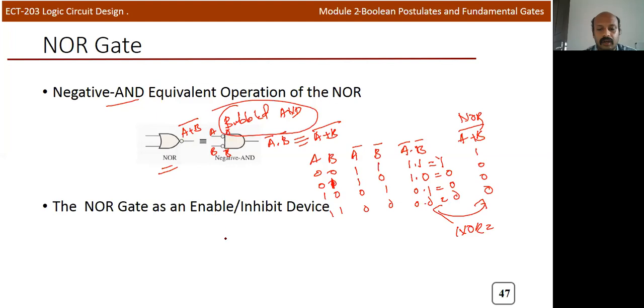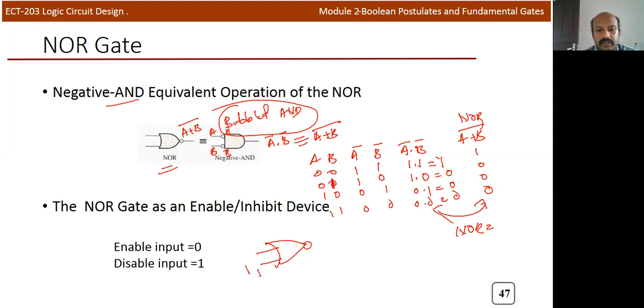Okay, and now we'll discuss the enable and disable input of the gates. The enable input of the NOR gate and the disable input of the NOR gate. So for example, this is the B input and this is the A input.